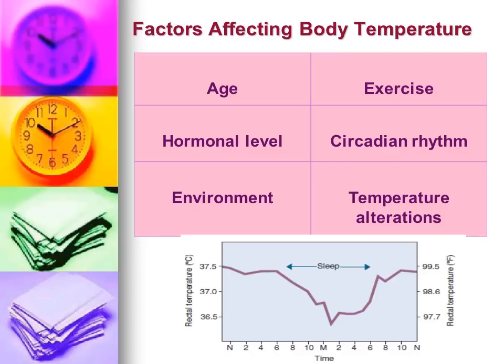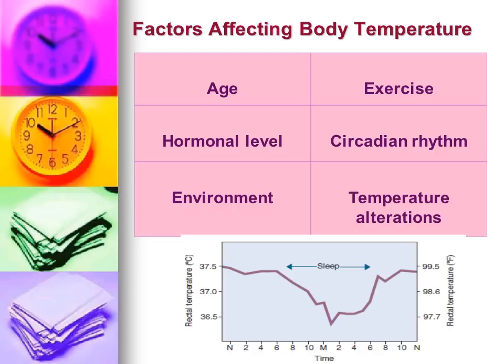Factors affecting body temperature are your age, exercise, hormonal level, circadian rhythm, environment, and temperature alterations. Age has a great effect on body temperature. Newborns' temperature control mechanisms are immature. They can lose up to 30% of heat through their heads. That's why all newborn babies have the little caps that we put on their heads immediately after birth.